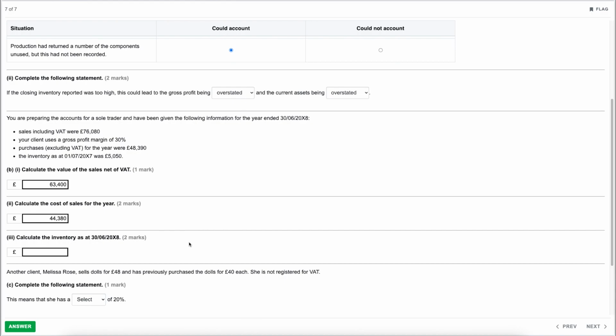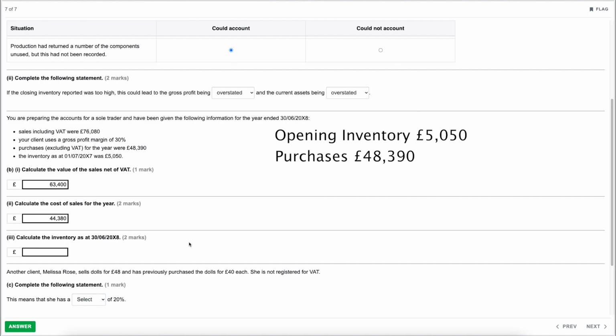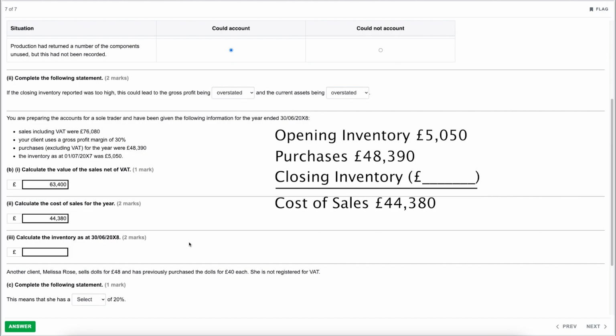So if we've got opening inventory of 5,050, we've got purchases of 48,390, and we minus off our closing inventory, which we don't know, but that will equal our cost of sales for the year of 44,380. So our missing figure is our closing inventory figure.